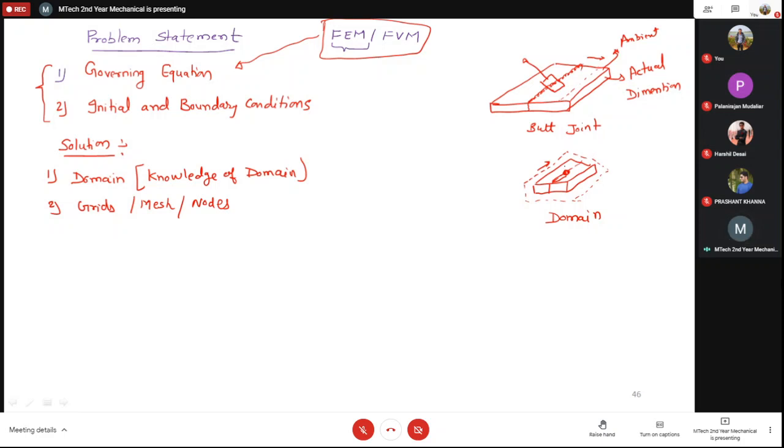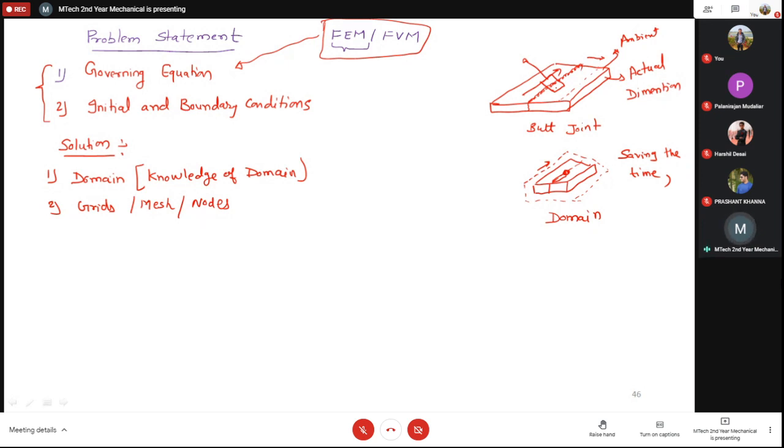Because as the dimension increases, the calculation time or the solution time increases. To save the time and the memory of the solver, we choose the small domain, and when we have the result, we can generalize the result for the whole part.